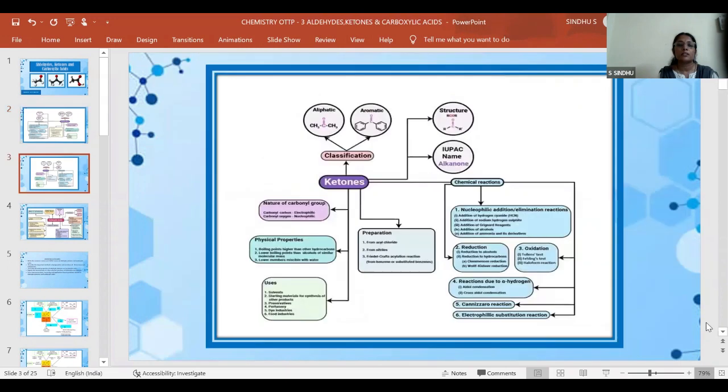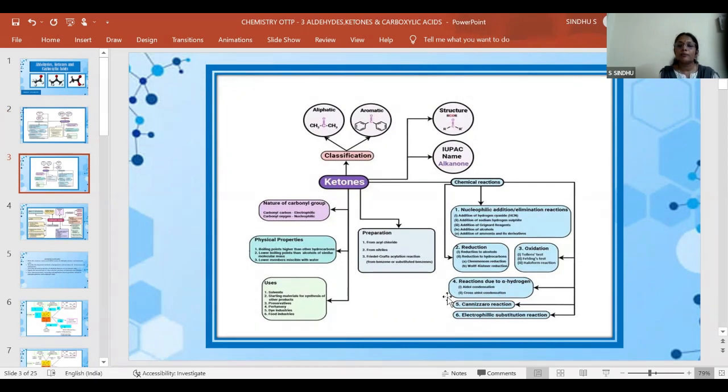Similarly, for ketones also, the structure elucidation, IUPAC nomenclature, preparation methods, physical properties, then chemical reactions, again undergoing nucleophilic addition reactions, oxidation and reduction of ketones, then the same aldol condensation also shown by alpha hydrogens.